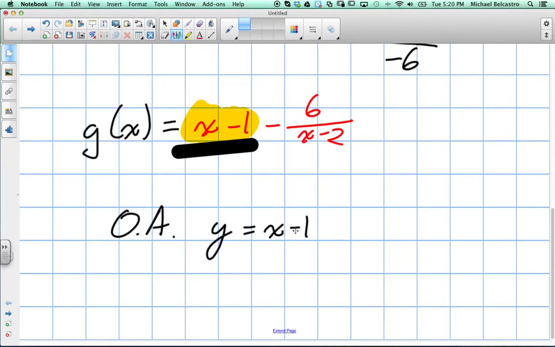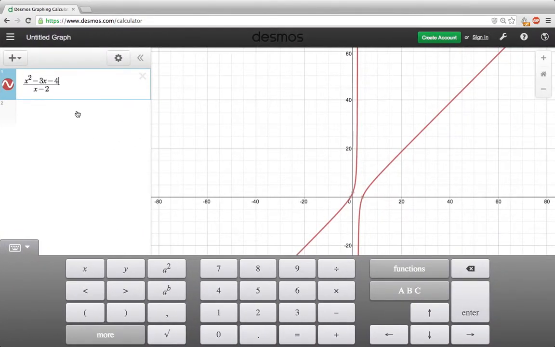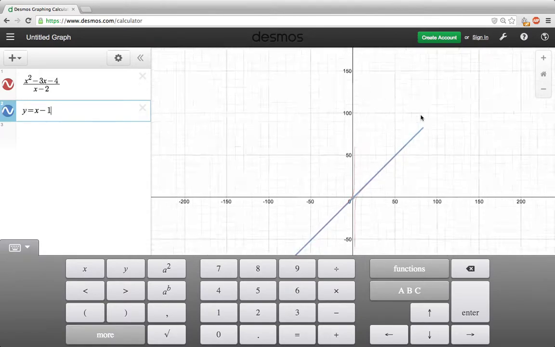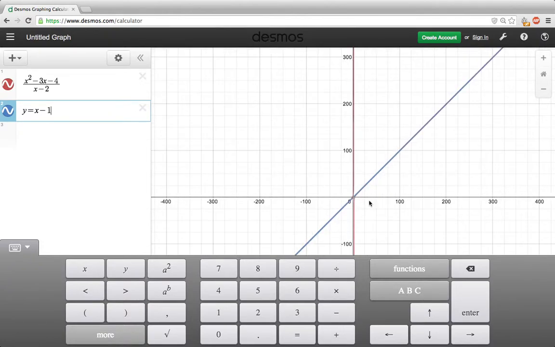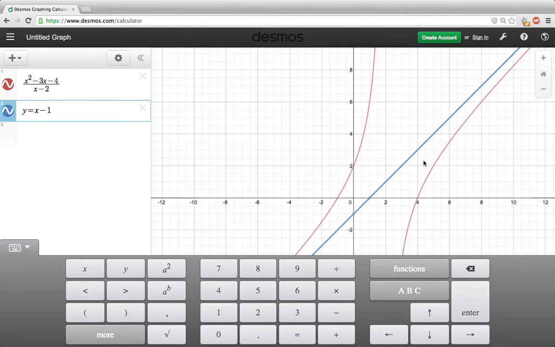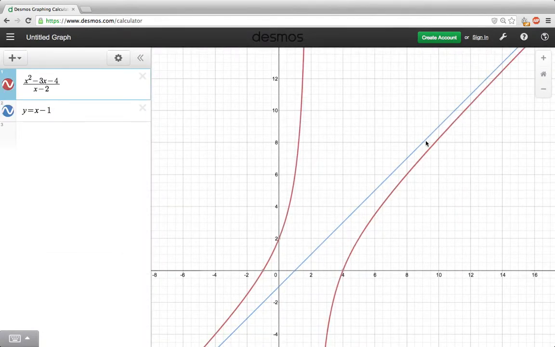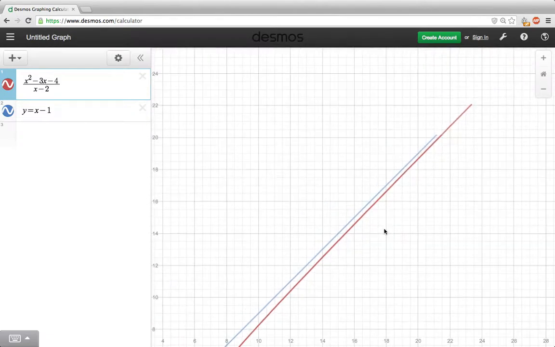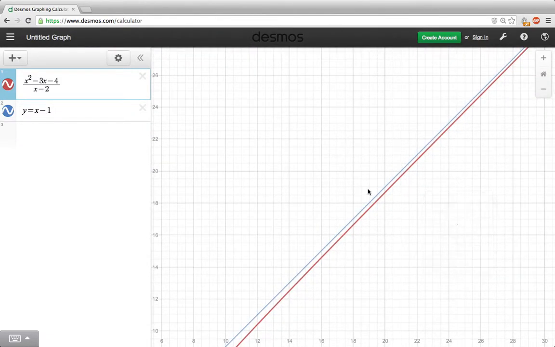So we'll go over to our graphing calculator, what we were looking at before, and plug this value in. Y is equal to x subtract 1. I guess we can zoom out, and that's probably not the best one. Maybe if we zoom in, it'll be a little better. We can see that it's essentially following this line. If we were to continuously follow it up, we would see we get closer and closer, but never really touching that value.